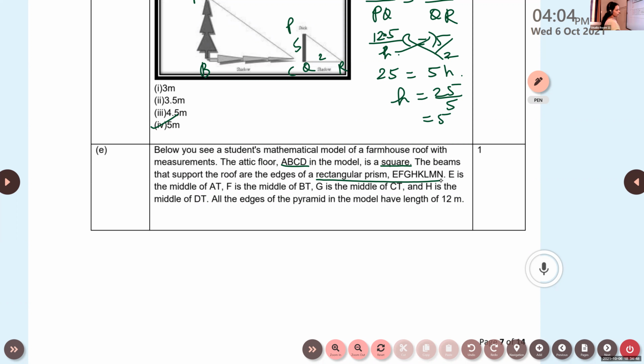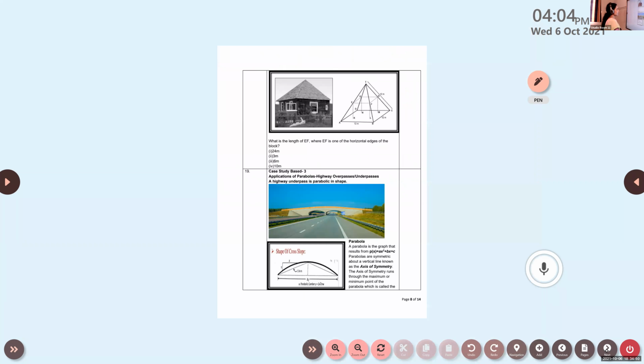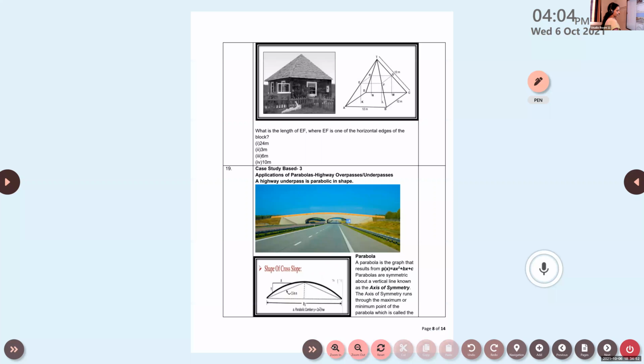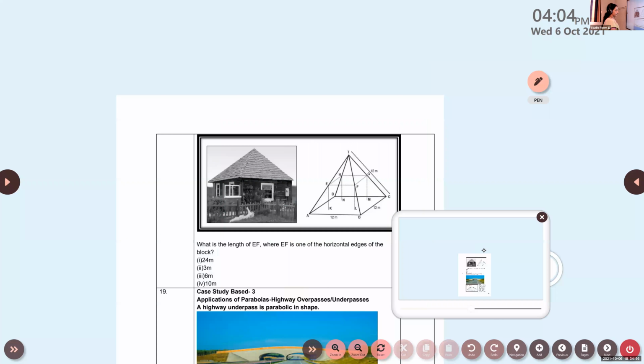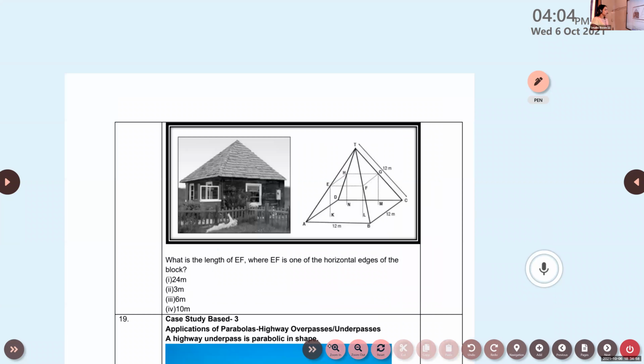Okay. So now look at the next one. What is given in the next question? This is the figure. Look at the question. What is the length of EF? You want to find the length of EF. Answer this one, children.